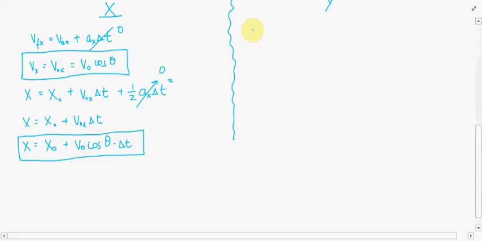So the final velocity in the y direction is equal to the initial velocity in the y direction plus the acceleration in the y direction times the change in time. Now, acceleration in the y direction is simply gravity.